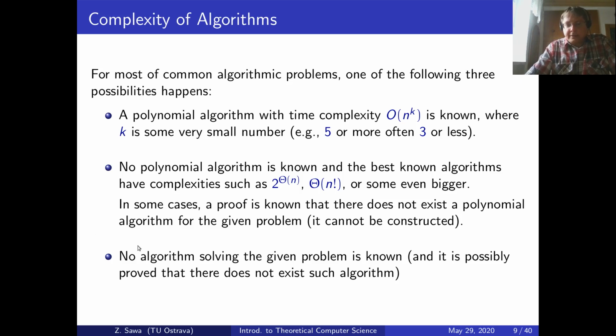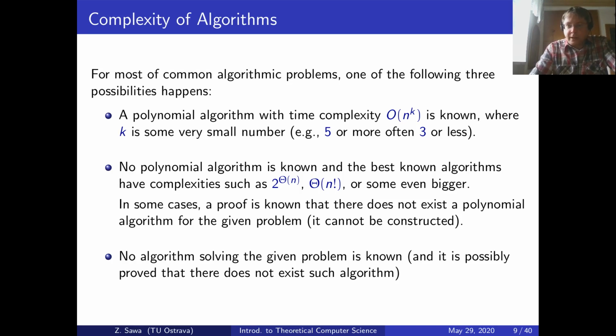And another thing that could also happen, as we will see later in the next lecture, is that there are some problems for which no algorithm is known, but what is more interesting, there are problems for which it can be proved formally that there cannot exist any algorithm that would solve the given problem, in the sense that for every input it will be ensured that the algorithm will halt after some finite number of steps and give a correct answer for each instance.